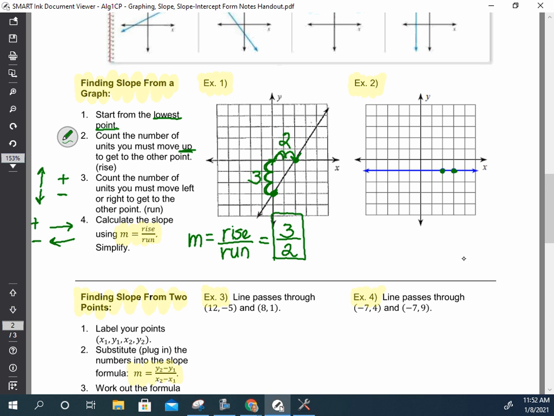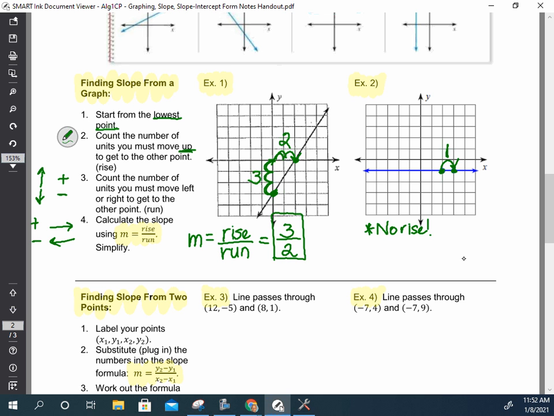So there's no rise for this problem. So if you pick a point, how far do I have to move? 1 time. To go from one space to the other, 1 time.